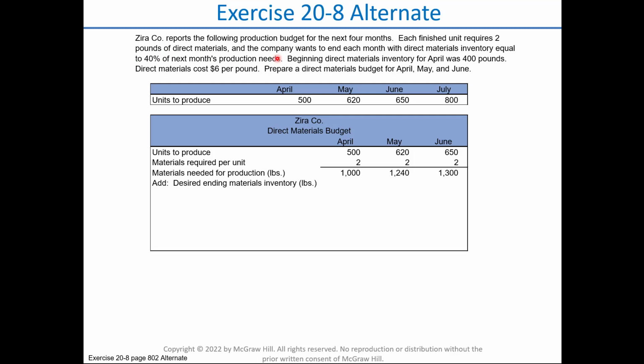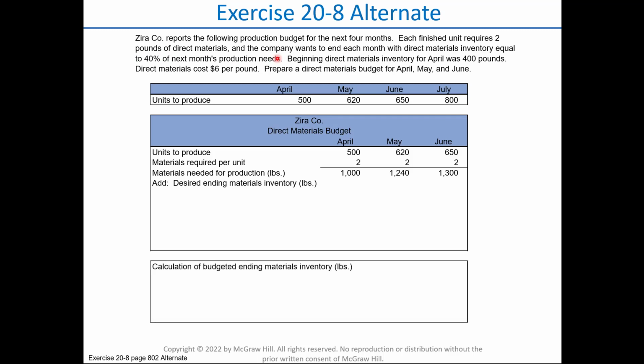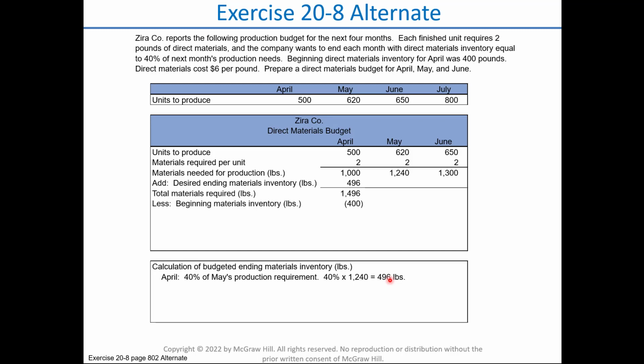So in April, it will be 40% of the next month. The calculation is here, 40% of May. So we're looking at 12,400 pounds of materials needed times 40%, so 4,960. So we'll add that to the 1,000 and subtract out our beginning inventory.